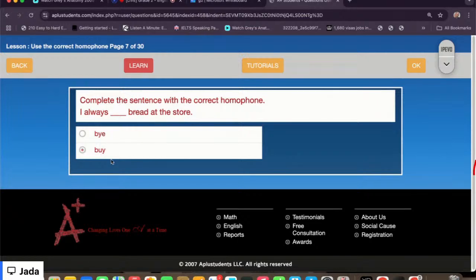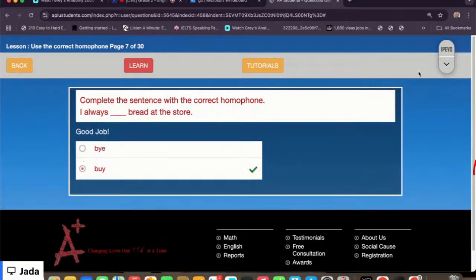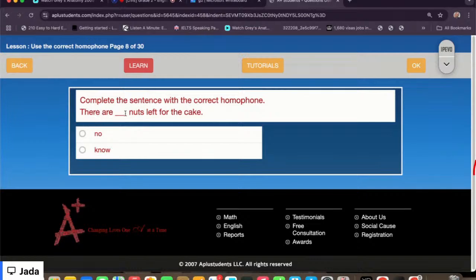Next, I always buy bread at the store. So buy or by, which of them? So we have: there are no nuts left for the cake. So no or know, which of them?